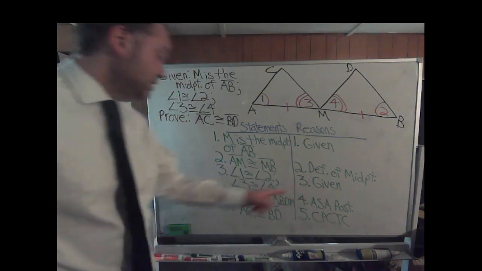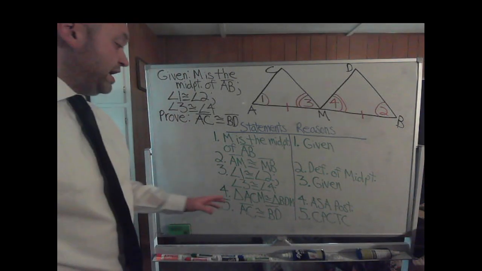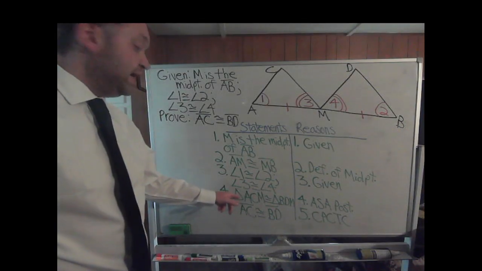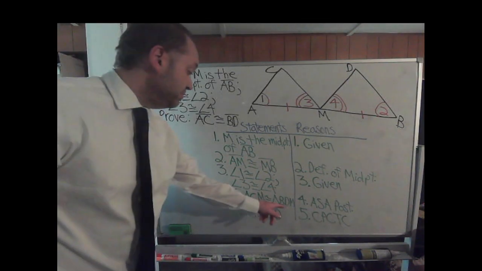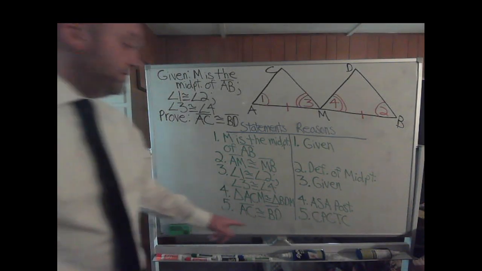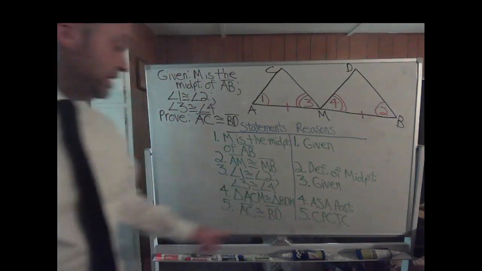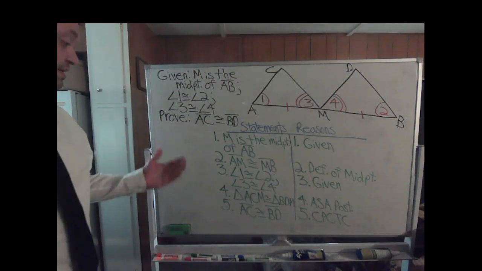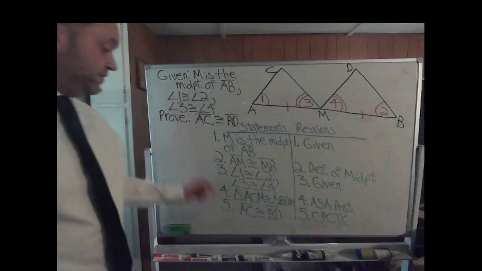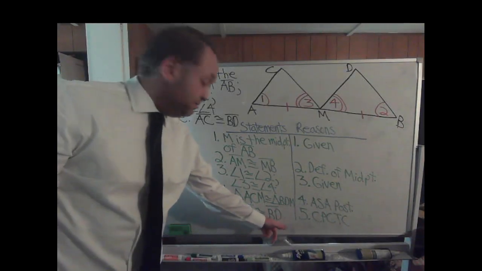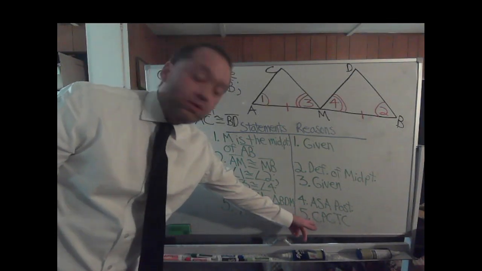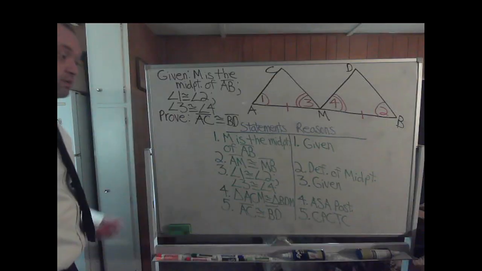From there, we were able to deduce that triangle ACM is congruent to triangle BDM by the angle-side-angle postulate. And then lastly, we can prove that AC is congruent to BD by CPCTC: corresponding parts of congruent triangles are congruent.